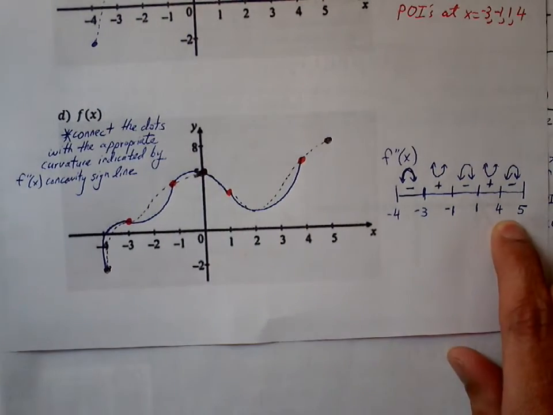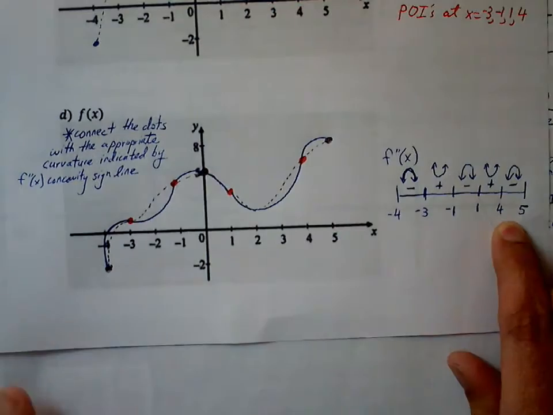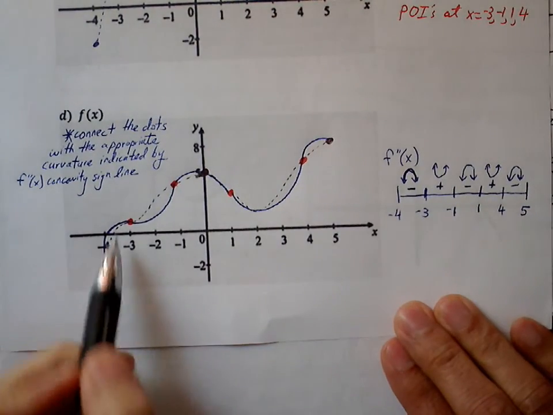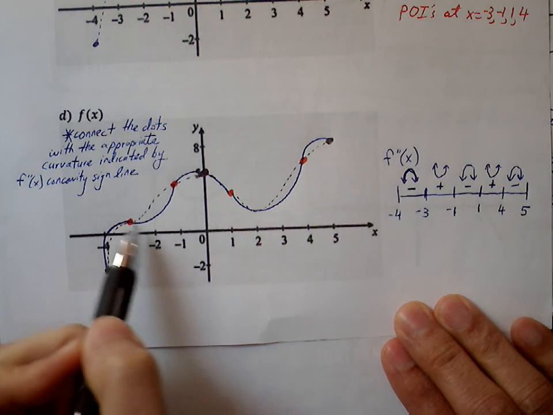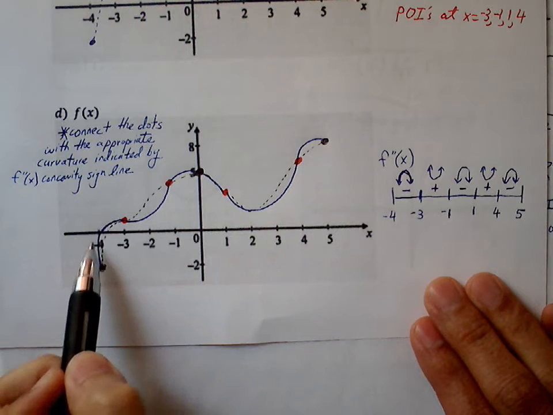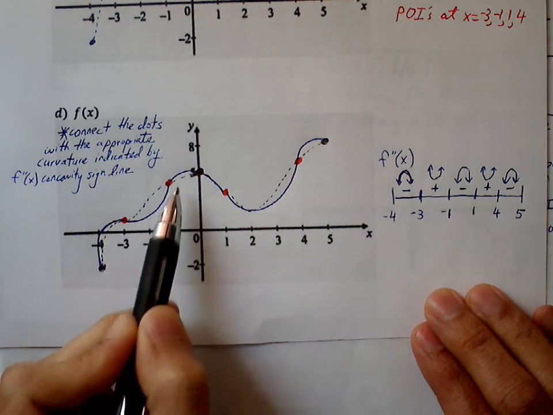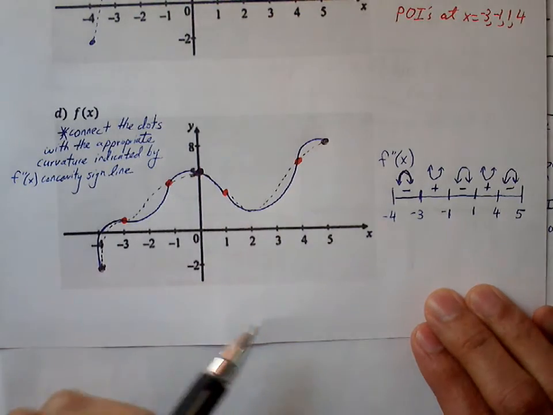And then from 4 to 5, concave down. So the dotted lines initially just help me see where my general path is, but when I get to this point, now I can connect those dots with a lot more detail in terms of concavity.